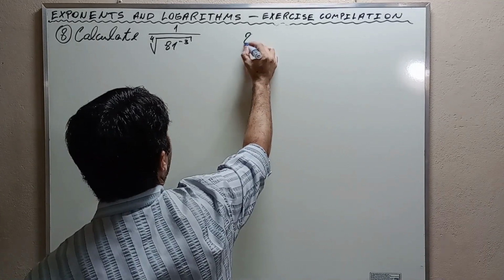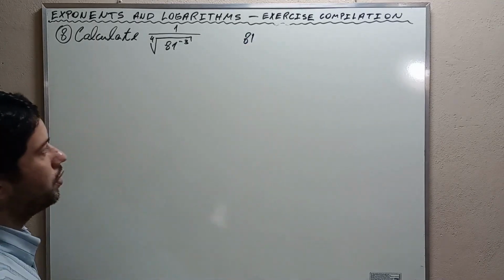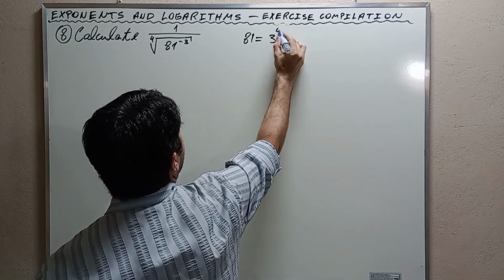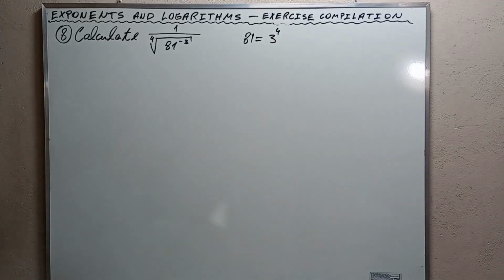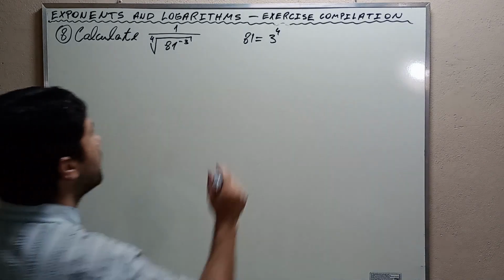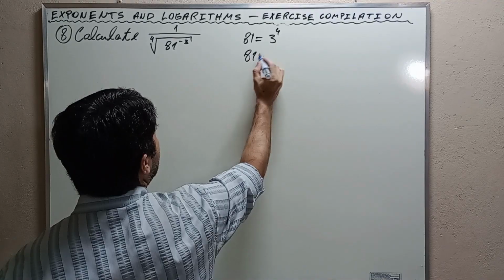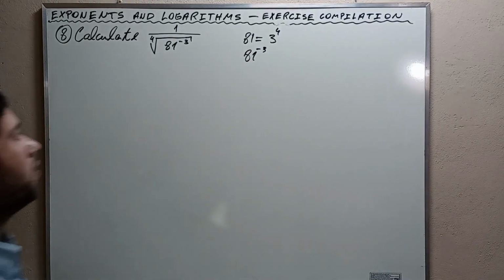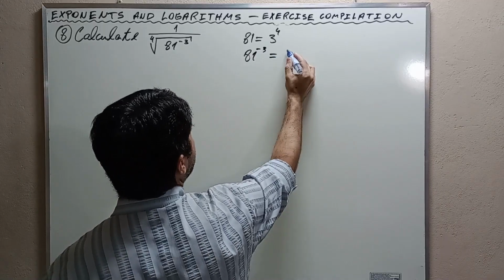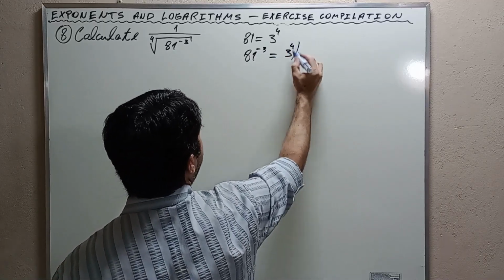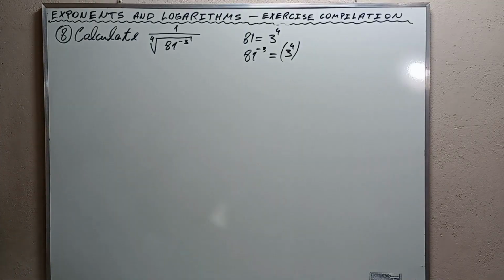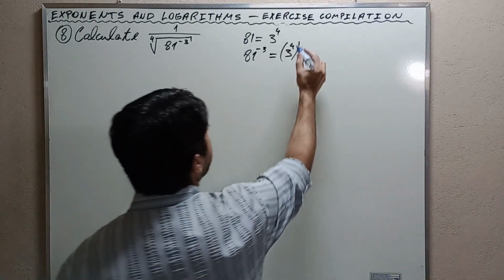Then we are going to substitute 81 by 3 to the 4th. Consequently, 81 to negative 3 is equal to 3 to the 4th raised to the power of negative 3.